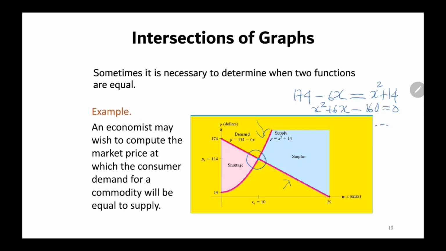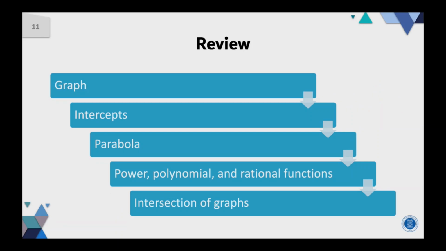Okay, so that's the end of this subchapter, and what you have learned here is about graphs, and how you can decide when a graph represents a function by using the vertical line test. And then how to draw a graph: you find some of the points of the function, and some points are more important than the others, such as the intercepts.